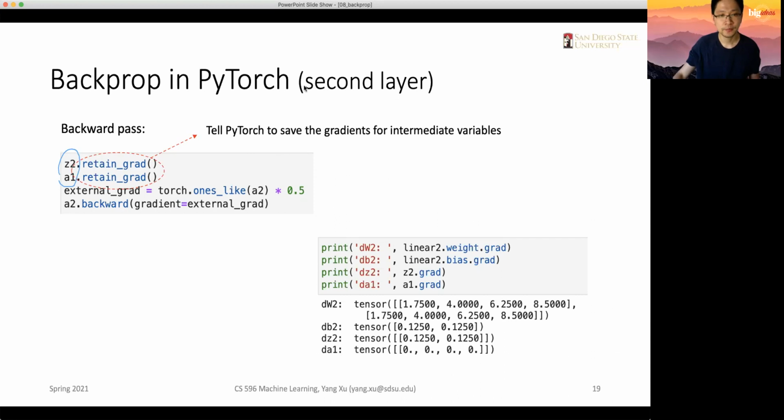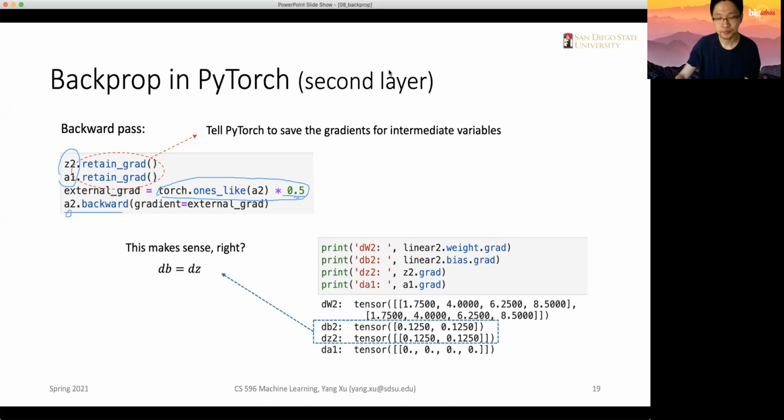Then we provide some external gradients to A2, which is also 0.5, and we start the backward pass this time from A2, not from A1, from the very ending position.